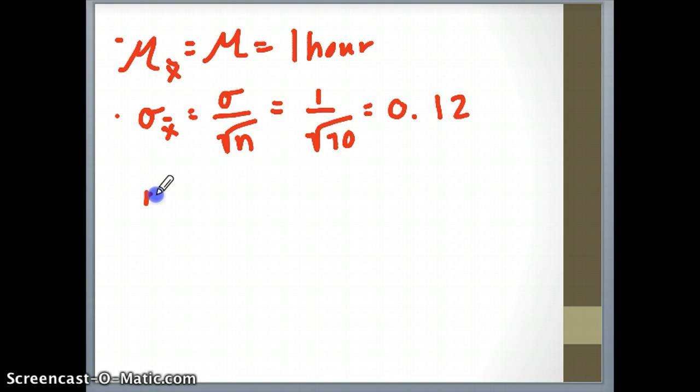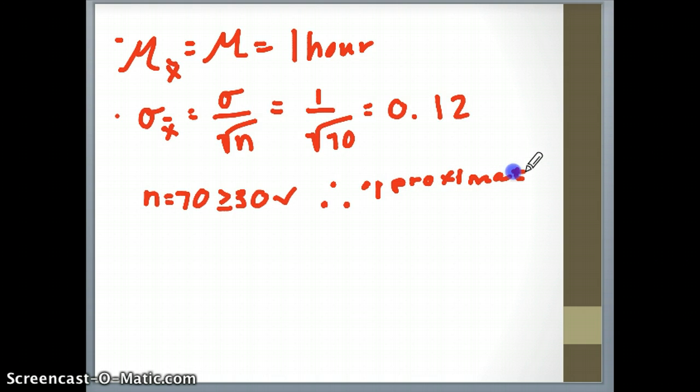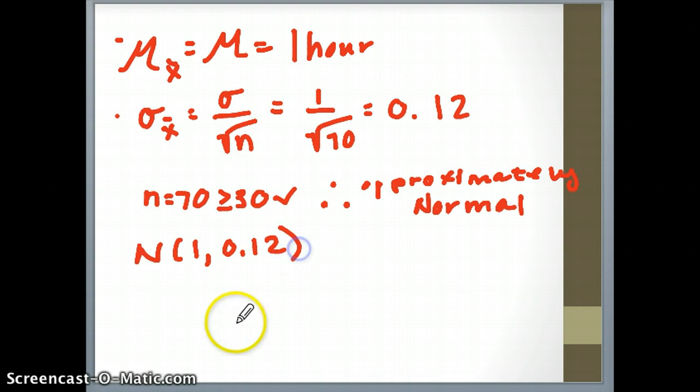We know that n is equal to 70, which is definitely greater than or equal to 30, and so we can say that it's approximately normal. Because it's approximately normal, I can use a normal distribution with a mean of 1 and a standard deviation of 0.12 for my probability.